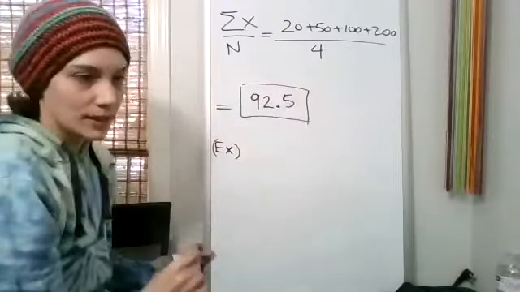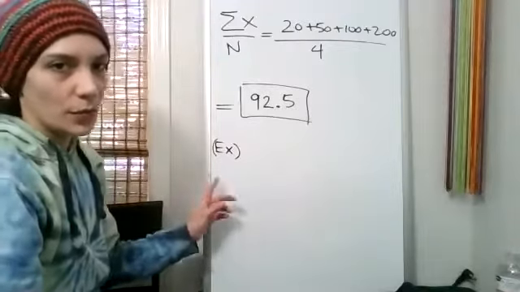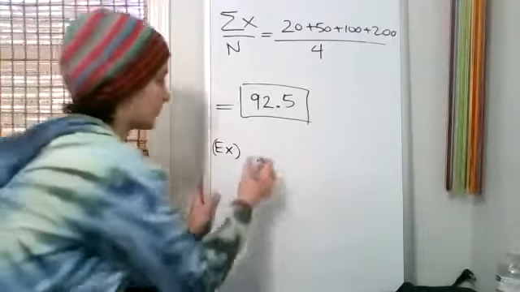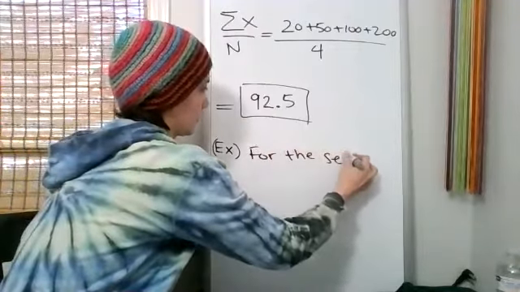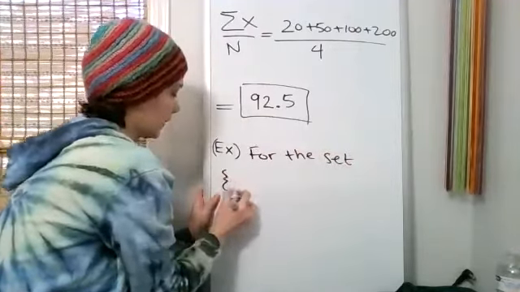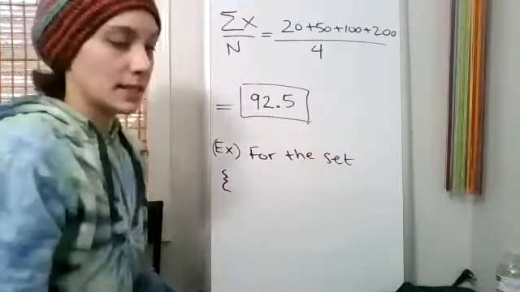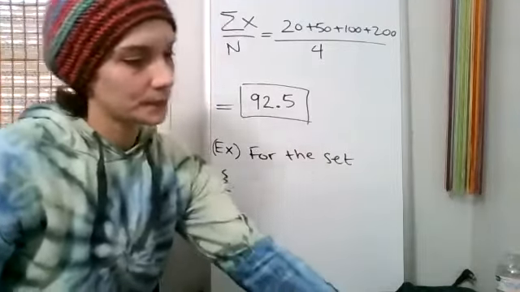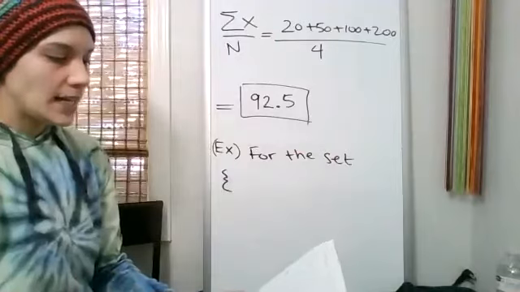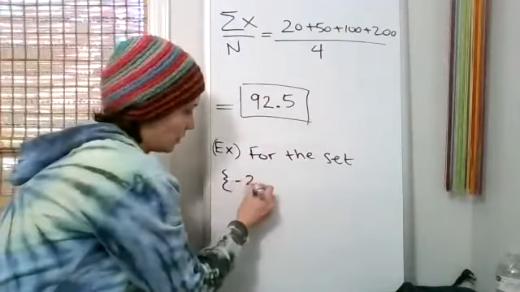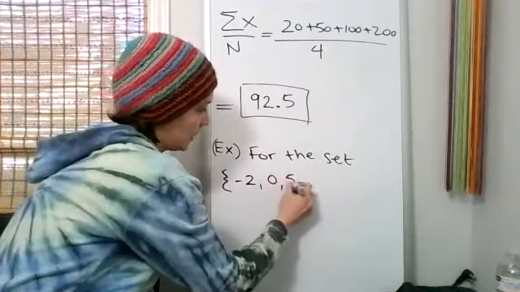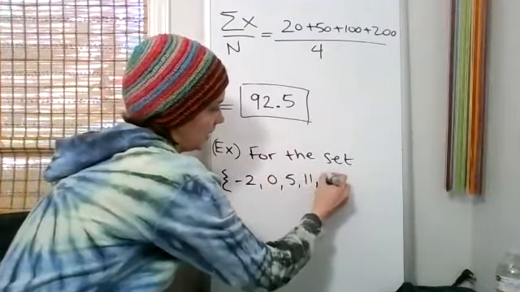Let's try another one. So for the set that contains negative, let's go with negative 2, 0, 5, 11, 17.